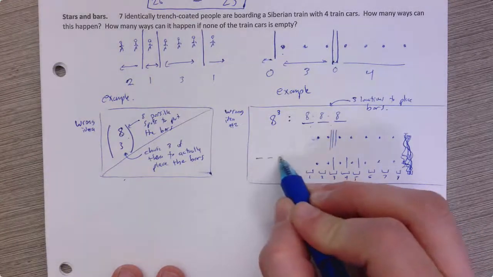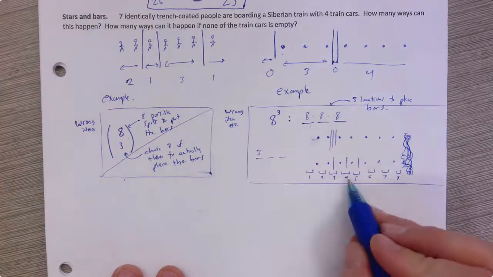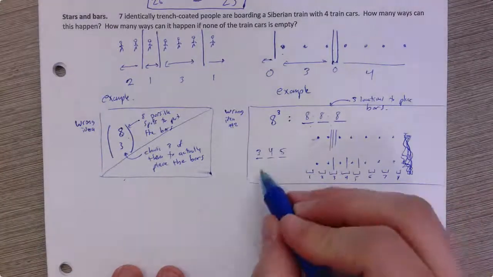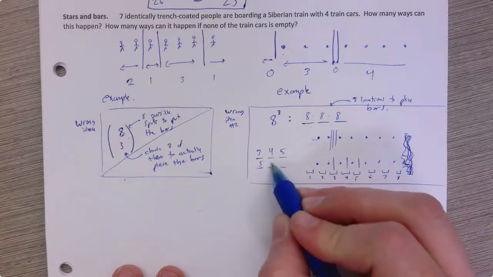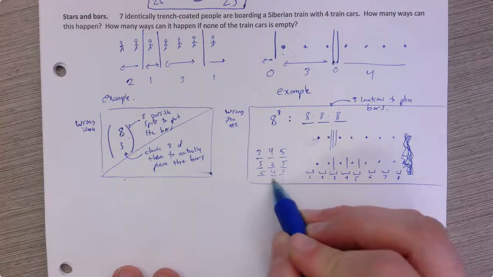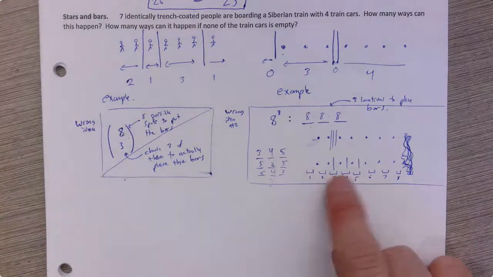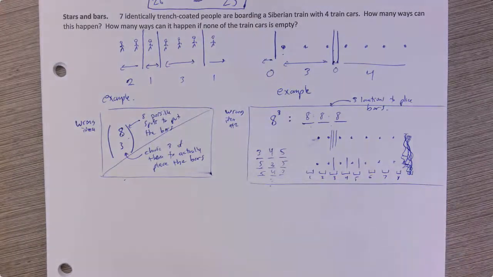For example, I could have chosen my first bar to go in location 3, my second bar in location 4, my third bar in location 5. Or I could have chosen my first bar to go in location 4, and then 3, and then 5. Or first 5, then 4, then 3. So this is the typical scenario where all of the different orders that I could have placed the bars in these 3 locations all produce the same outcome.